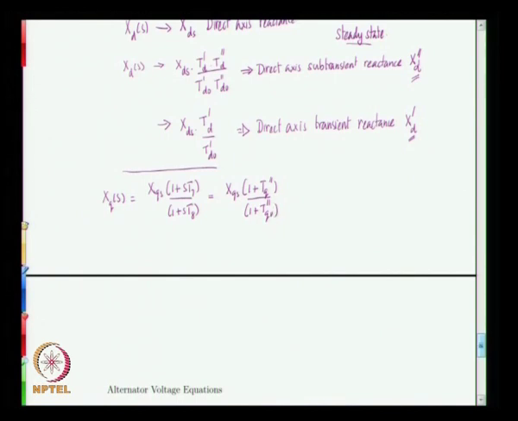And why is that? So if you look at the q axis equivalent circuit, you have the leakage inductance and then the magnetizing inductance along q axis and then the dampers. So this is RKQ, LLKQ, LMQ and LLS.